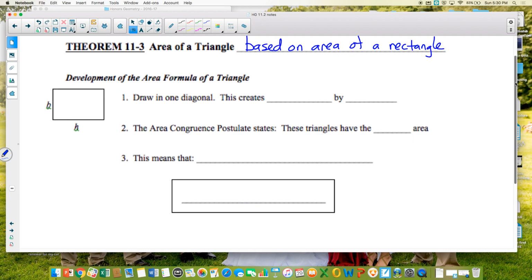So if we look at the rectangle over in the corner here, the base and height, let's refer to this as our rectangle. What we can do is draw one diagonal, which would be right here. So we draw one diagonal of the rectangle. This creates two congruent triangles.